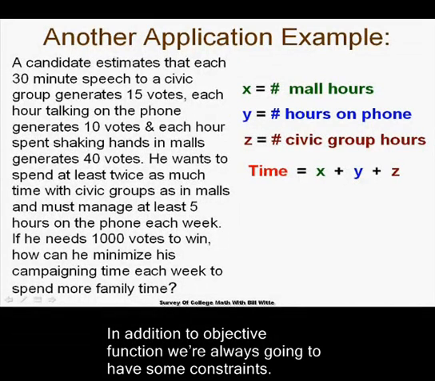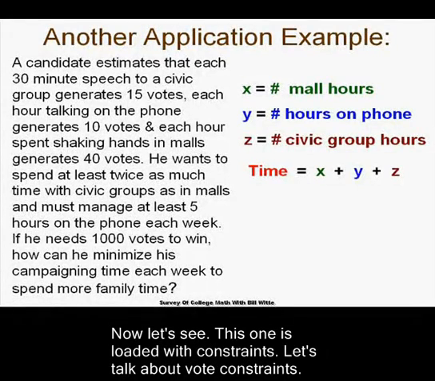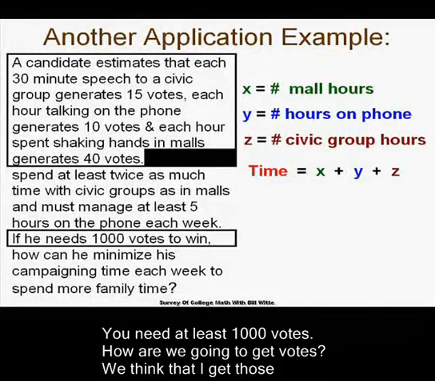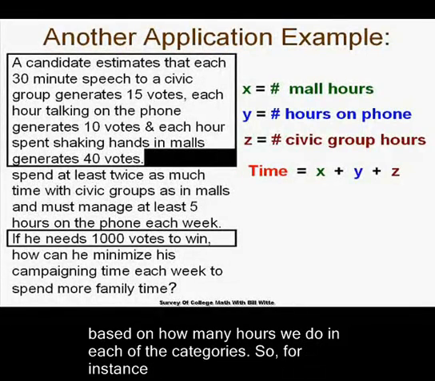In addition to our objective function, we're always going to have some constraints. Now let's see. This one's loaded with constraints. Let's talk about vote constraints. We got to get at least 1,000 votes. Now how are we going to get votes? Based on how many hours we do in each of the categories.